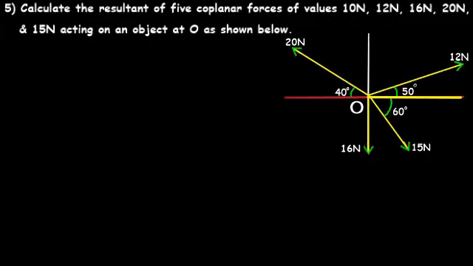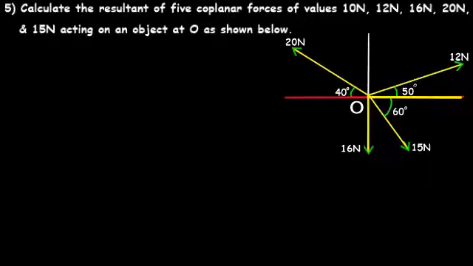I would like to disclose the concept using an example, as I believe that would be the best way. We have to calculate the resultant vector of the 5 coplanar forces, and find its direction as well. Though the problem doesn't ask us to find direction, I'm going to show you how to find the direction of the resultant vector of a system of forces.